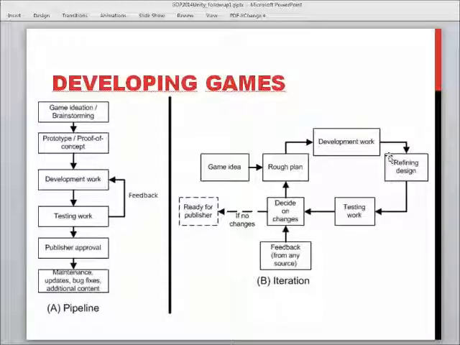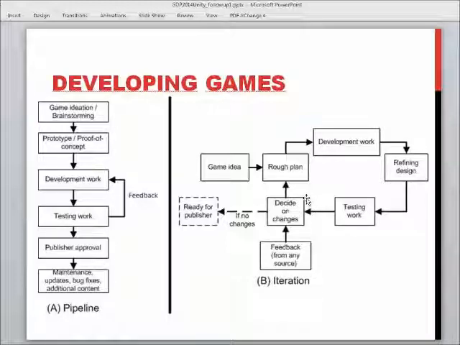Based on their experiences, refine the design, test that, okay, now the system should work, and then they are at the decision point. At this point, they collect feedback from any source they can get. Test users, test players, website reviews, possible publishers, and so on and so on.